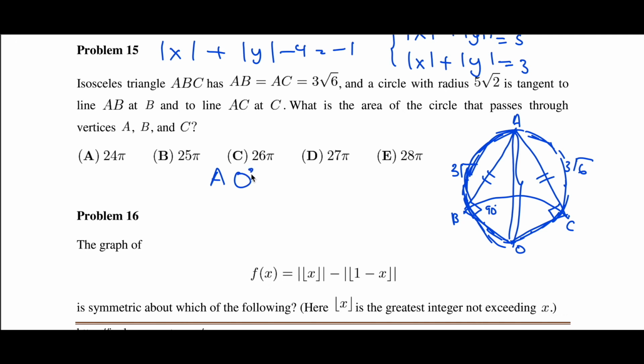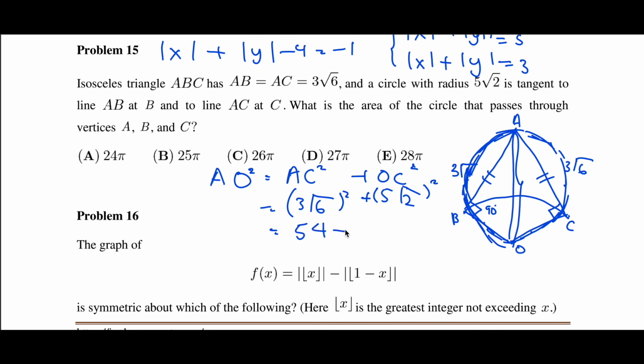AO squared is AC squared plus OC squared, which is 3 root 6 squared plus 5 root 2 squared, which is 54 plus 50, which is 104.